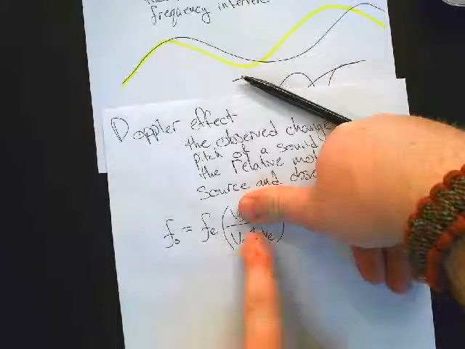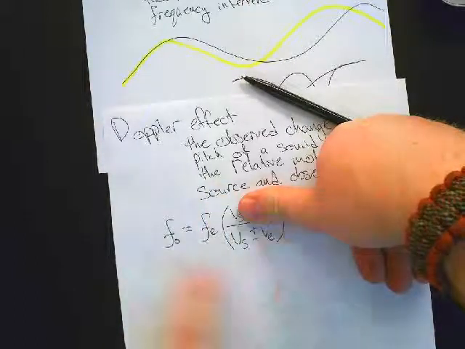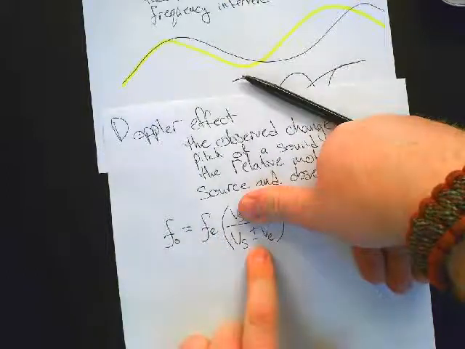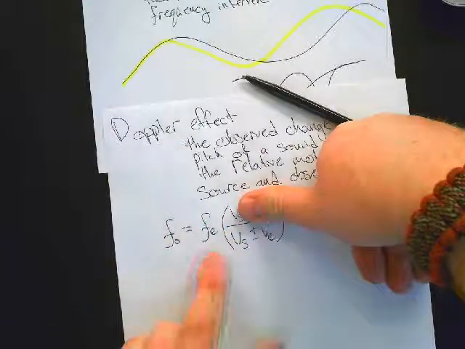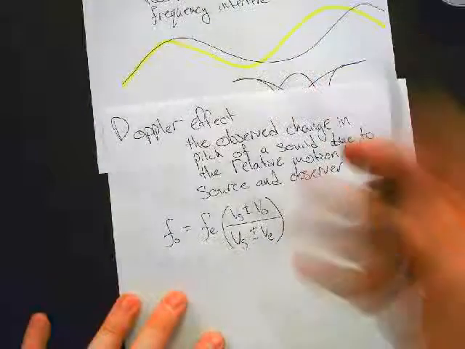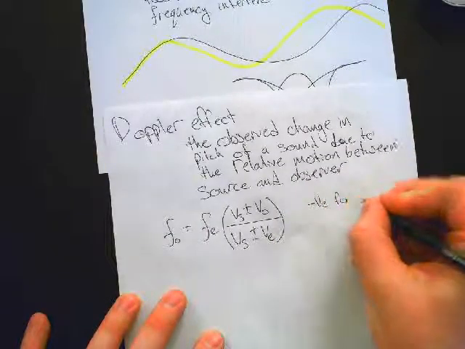If I add the velocity emitted, I get a larger denominator. This now is less than 1. So I want to subtract this one, right? I want a lower denominator to cause this to be a greater than 1 fraction, and therefore my frequency observed will be higher than the frequency emitted. Minus VE for approaching sounds.